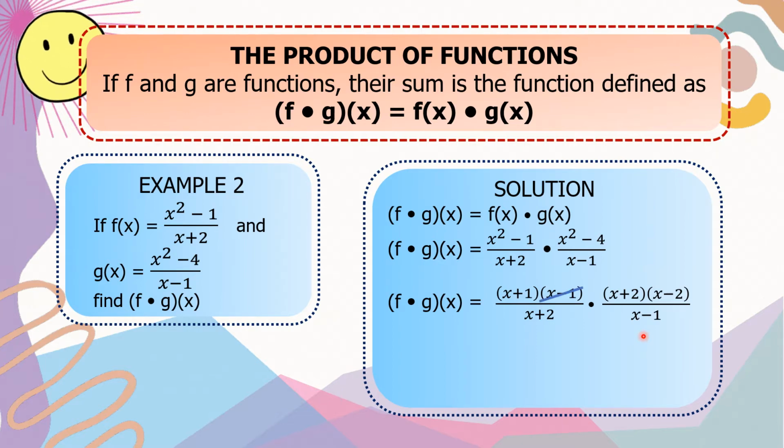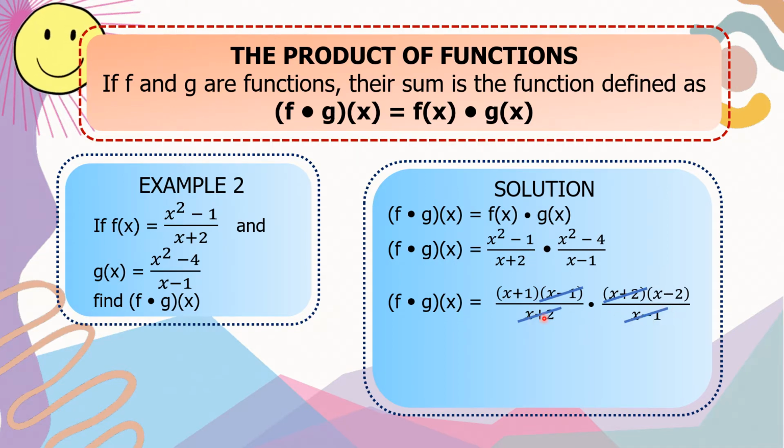So cancel x minus 1 sa numerator, x minus 1 sa denominator. Next, tignan natin ulit kung meron pa. So x plus 2 sa numerator, may x plus 2 sa denominator. So i-cancel na natin yan kasi pag dinivide natin yan, ang sagot ay 1. So ang natira na lamang ay x plus 1 at x minus 2.